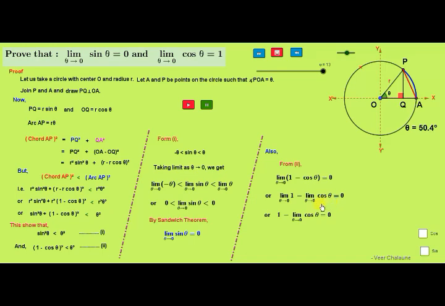If we apply the limit here, this gives us an indeterminate form. So we need to calculate the value of the limit as theta tends to 0 of cos theta. Look at here. And finally, after calculating, we get the limit as theta tends to 0 of cos theta equals 1. So we have geometrically proved that the limit as theta tends to 0 of sin theta equals 0, as well as the limit as theta tends to 0 of cos theta equals 1.